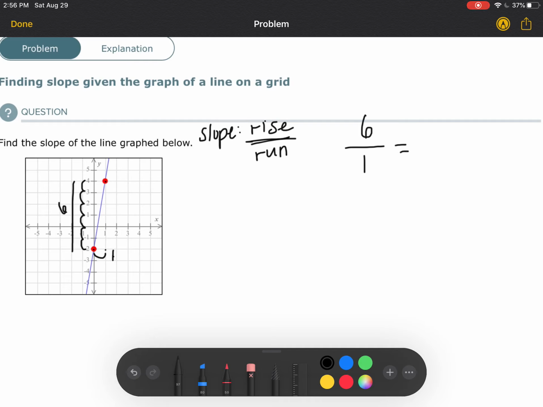So 6 over 1. If it's a weird number like 5 over 3, you don't have to simplify it. You don't want to put your slopes into, technically correctly written, a proper fraction, so you wouldn't make that 1 2/5. You don't want to do that.